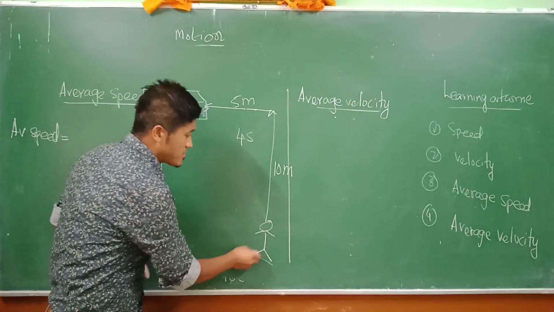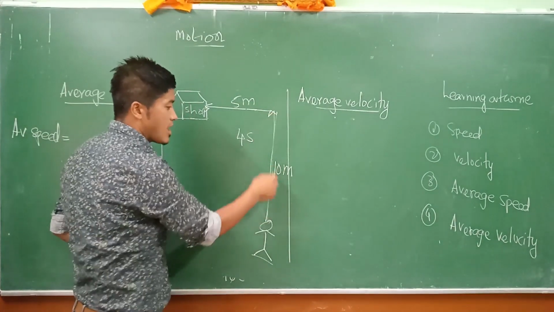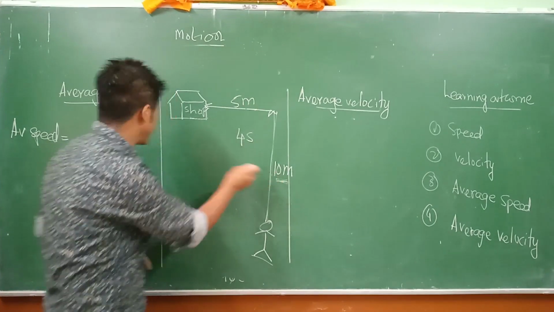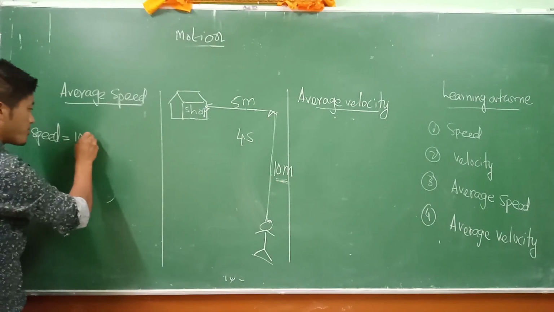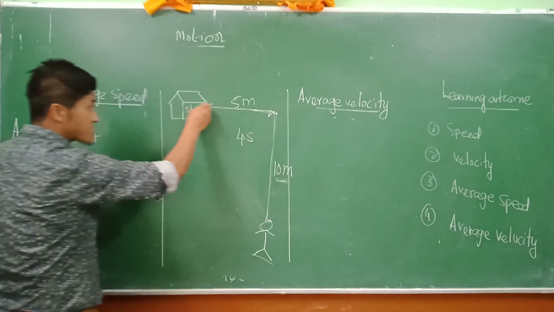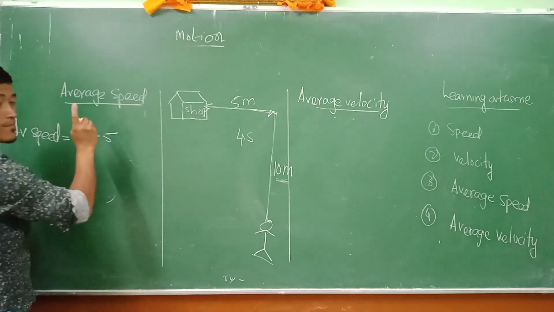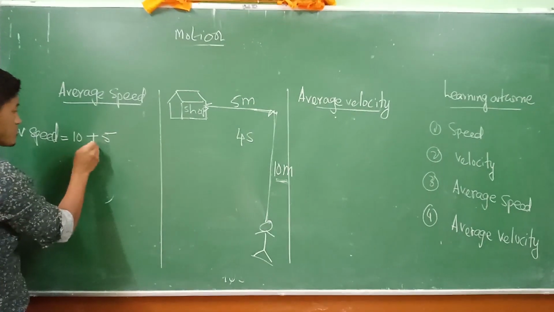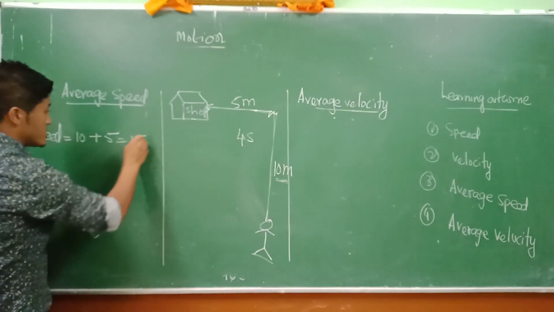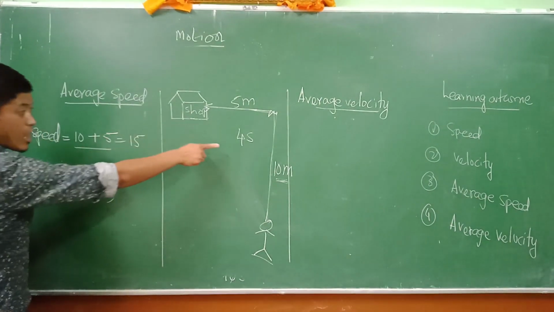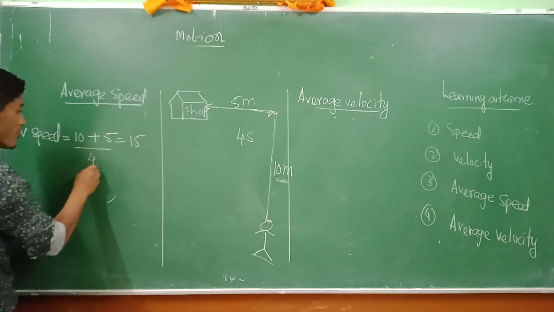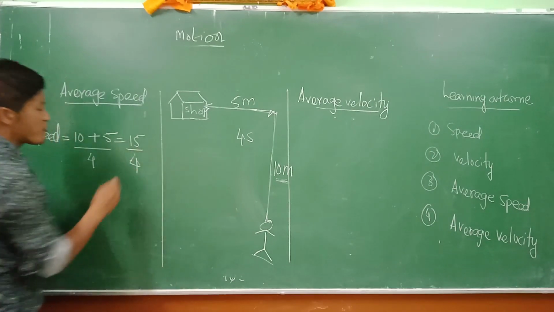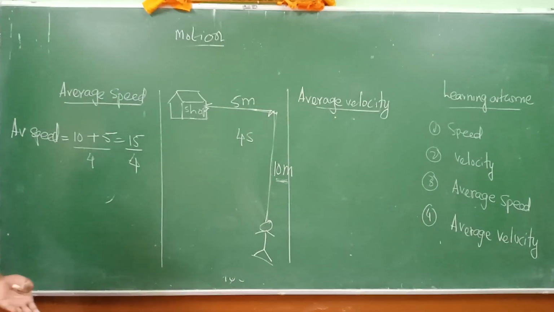Look at Tashi here. He traveled from here to there. That is how much? 10 meters. That is 10 plus again in this direction, how much? 5. Right? So 10 plus 5 is how much? 15. Divided by how much is the total time? Is 4. So 15 divided by 4, where you will get some sort of values.